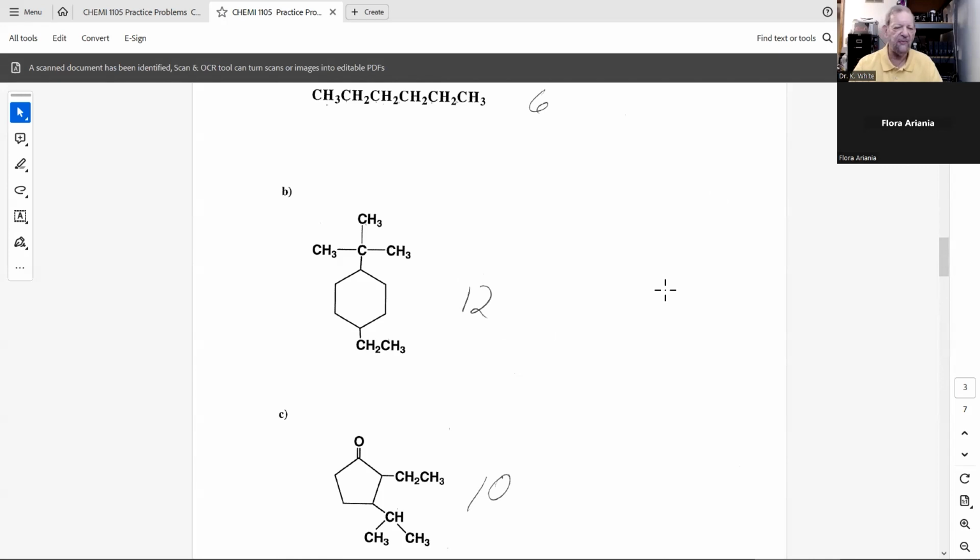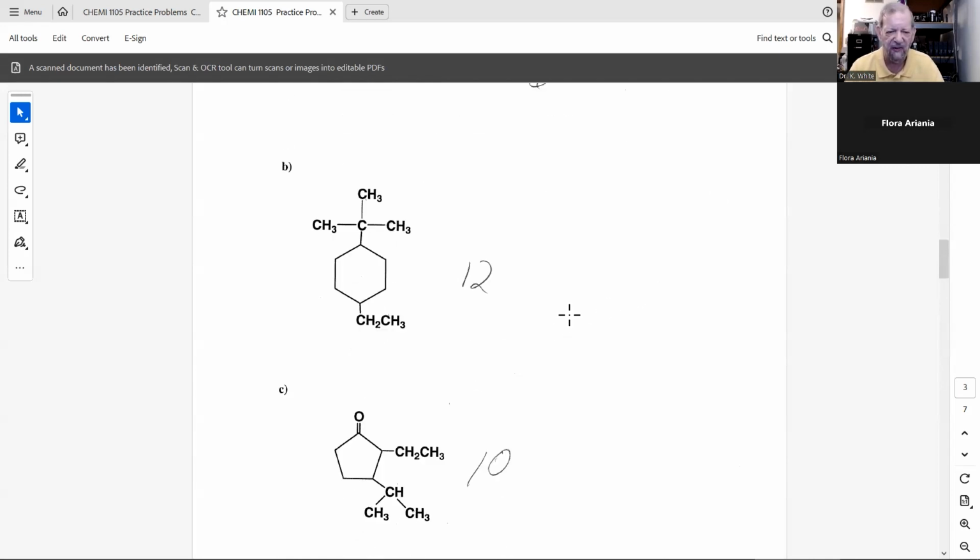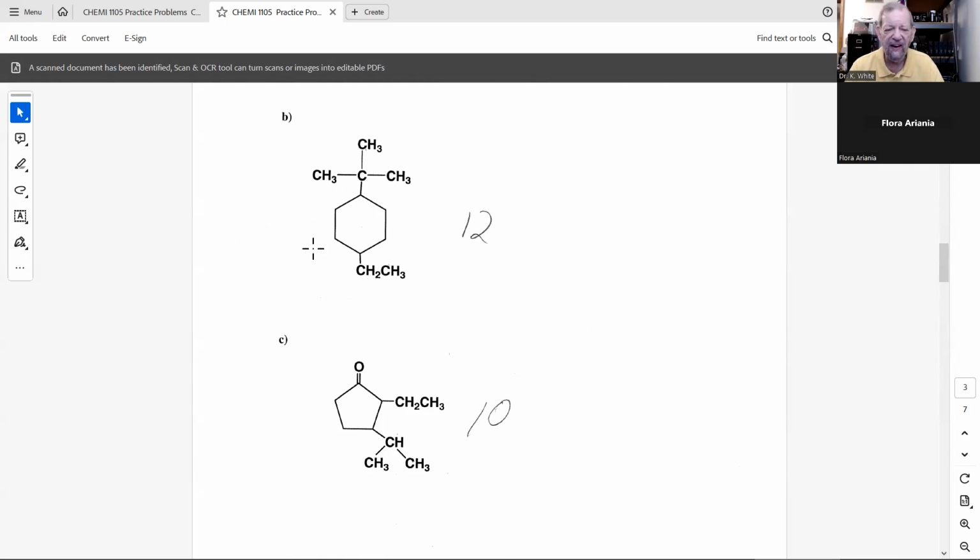If we look at B, how many carbons are in the following molecule? Here we have a ring, and you count each bend in a line. 1, 2, 3, 4, 5, 6.